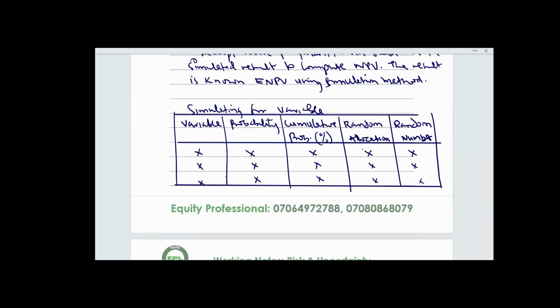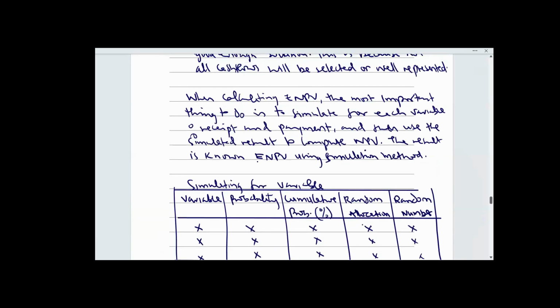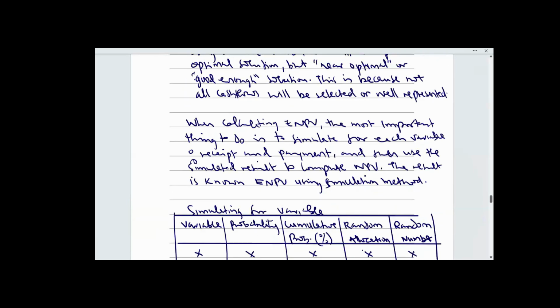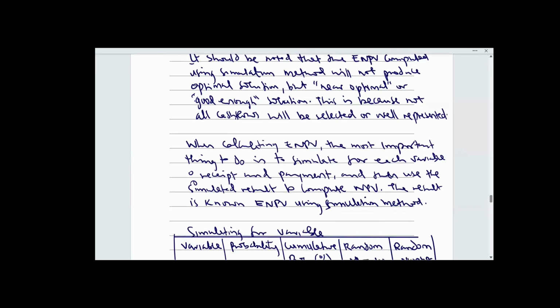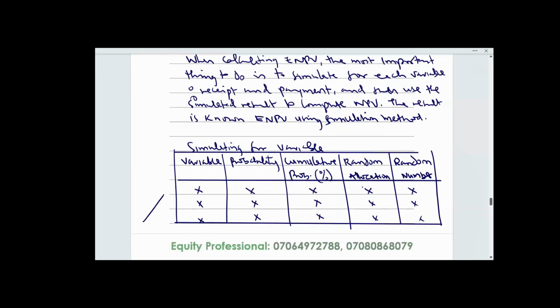All right. So this is how, like I said, when you are asked to calculate expected NPV using simulation method, the first thing you need to do is to simulate for each variable of receipt and payments using this format. You then use your simulated result to go and compute net present value.